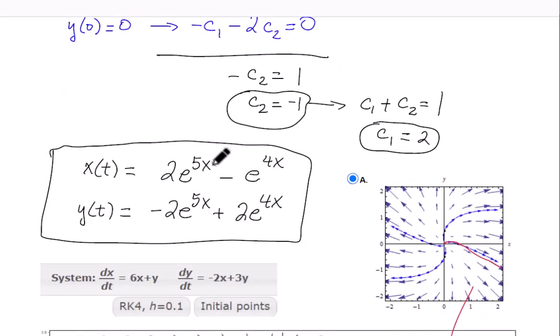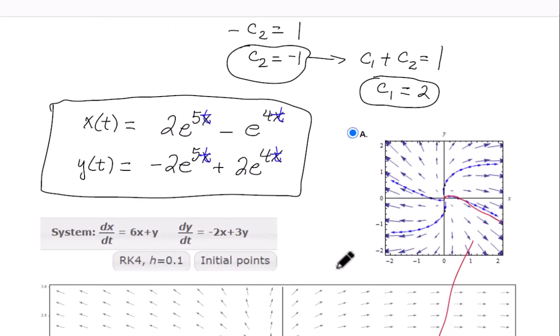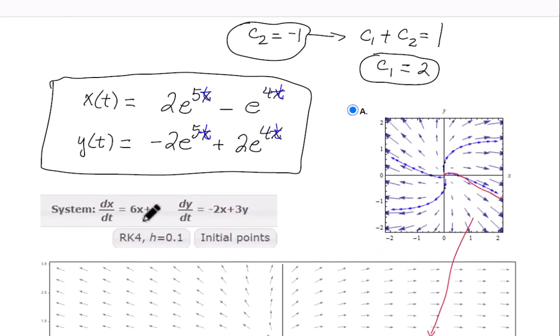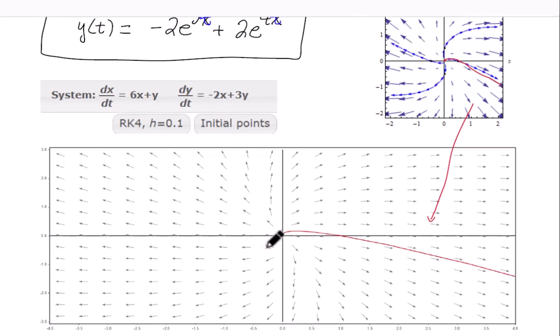And so when I look at my solutions with t's in there, it's going to ask me, based upon this, what does the field look like? If you remember back in the video for 4.1, I plugged this into a system online and I was able to generate a direction field.